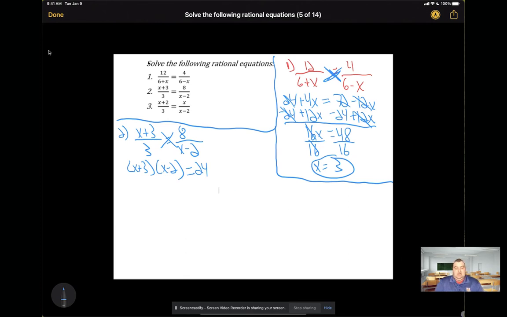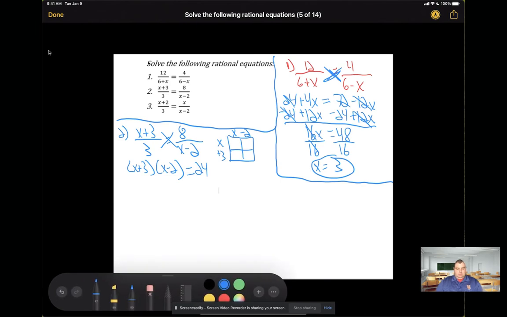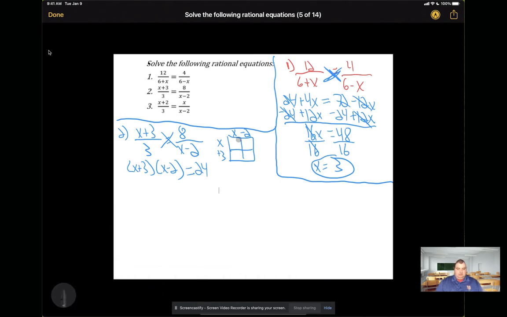But for the other diagonal, I'm going to have to quickly set up the box method. So let's do that. So x plus 3 and x minus 2. Let's see what we end up getting. x times x is x squared. 3 times x is 3x.